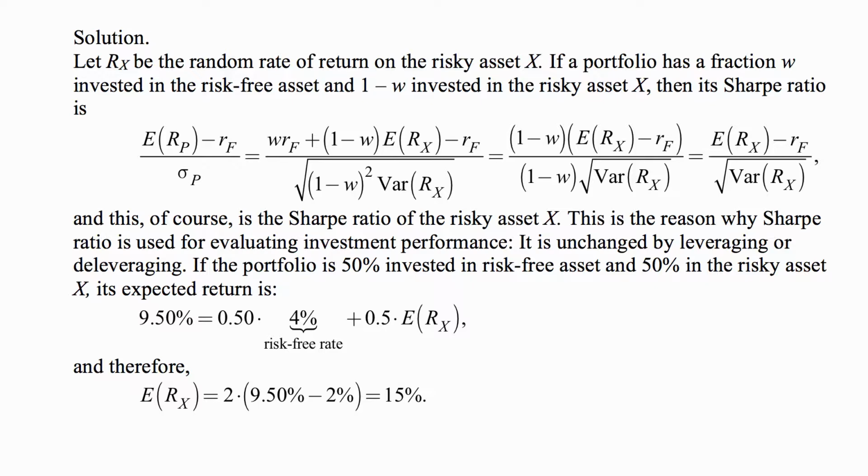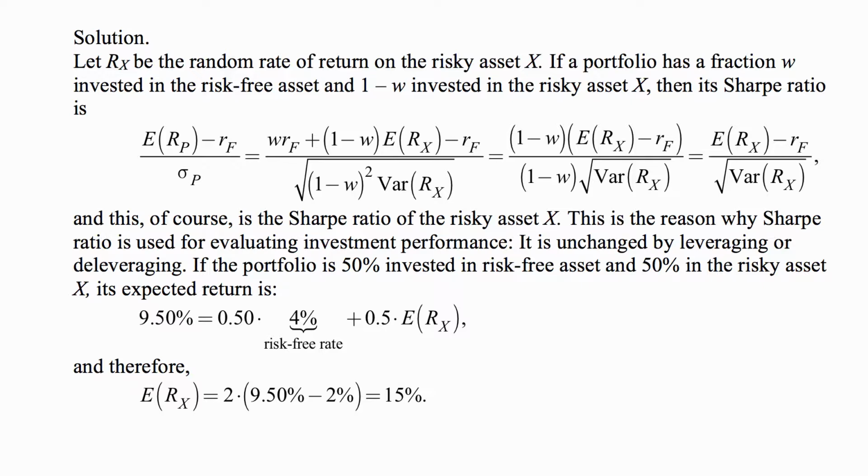The Sharpe ratio of the risky asset X is the same as any portfolio created with that risky asset and a risk-free, cash-like asset. So the Sharpe ratio has this key property that it is unchanged by leveraging or deleveraging. A very important point to remember.